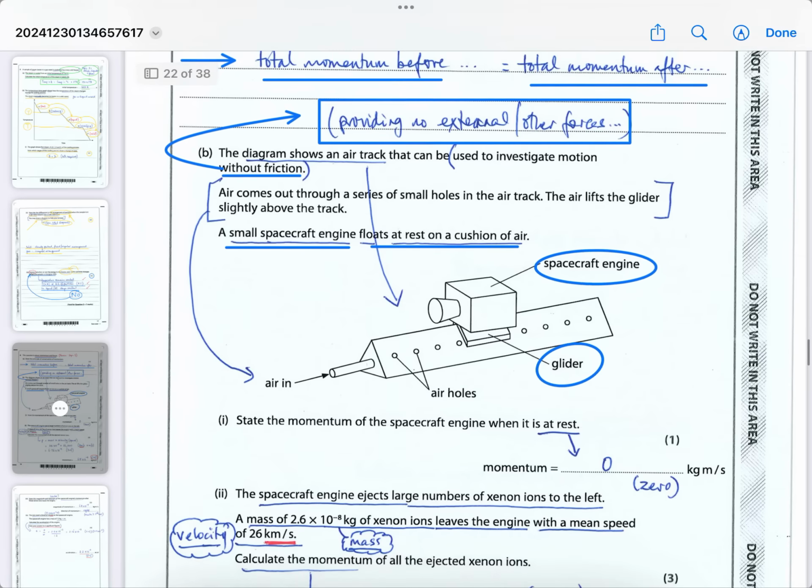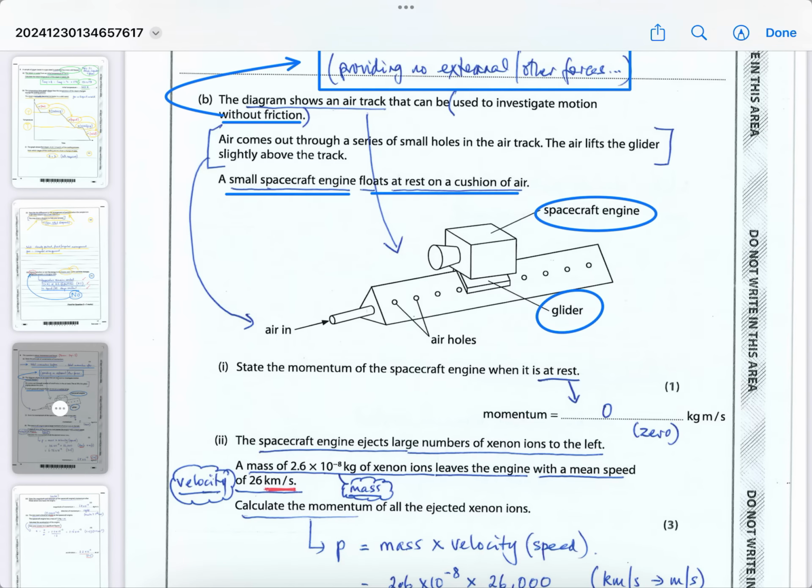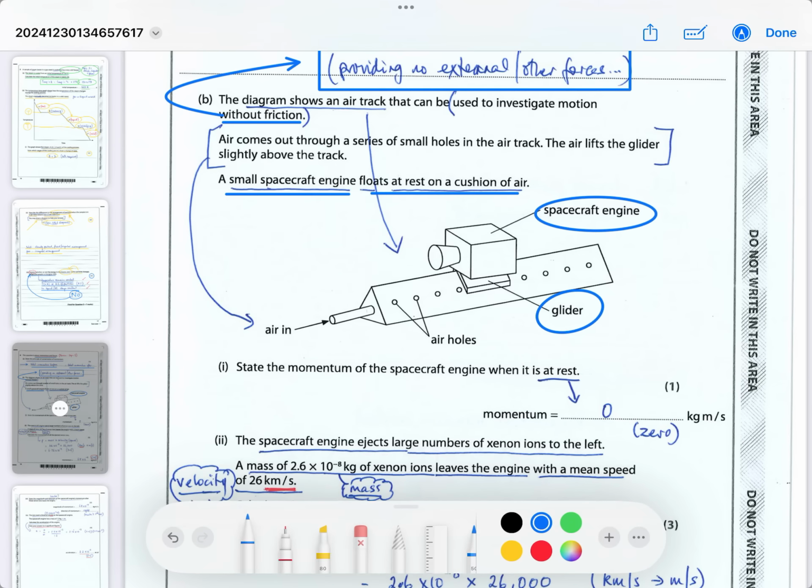It says, state the momentum of the spacecraft engine, which is the thing that's on the glider, when it is at rest. So they just want you to make sure you know that when it is at rest, its momentum will be 0.